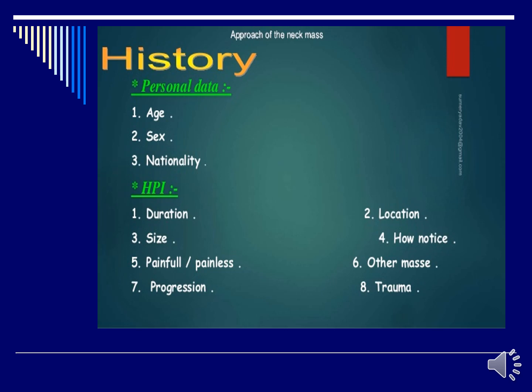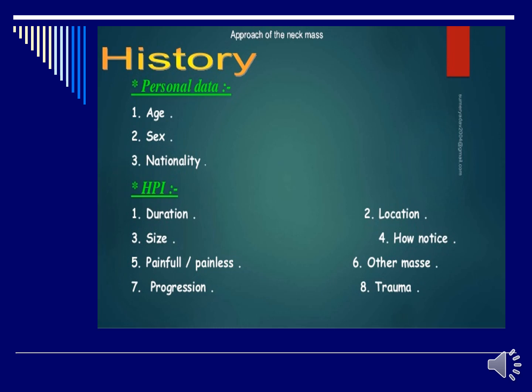How was it noticed, either accidentally or by the patient himself? For example, thyroid enlargement is more common in females because females spend more time in front of mirrors for cosmetics, so they notice the enlargement of the gland earlier, or it is found accidentally by radiological examination or something else.